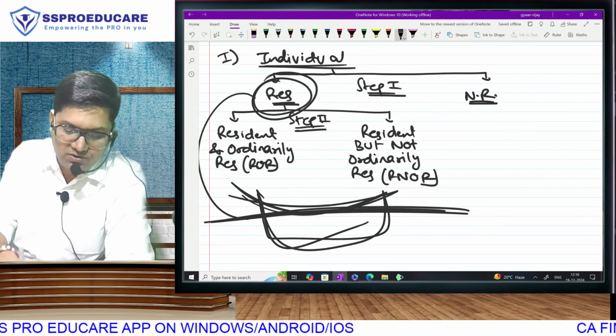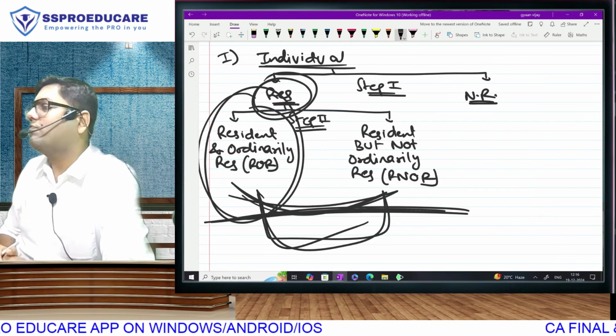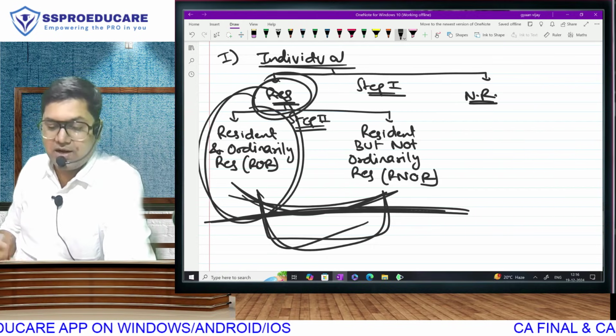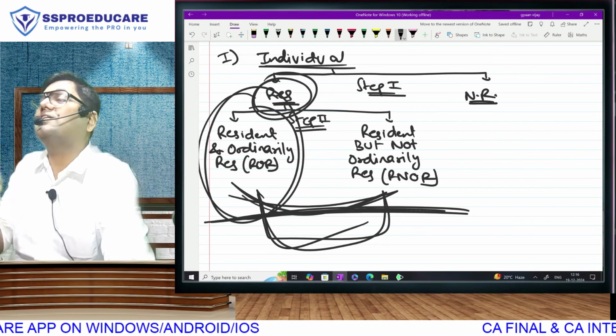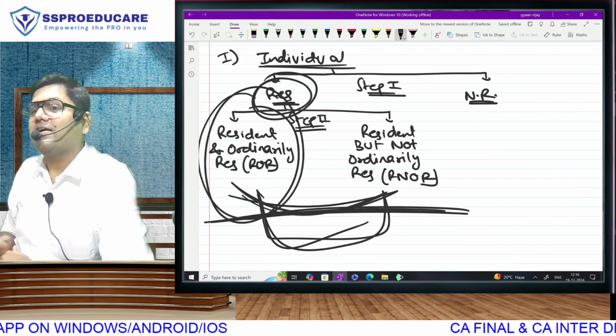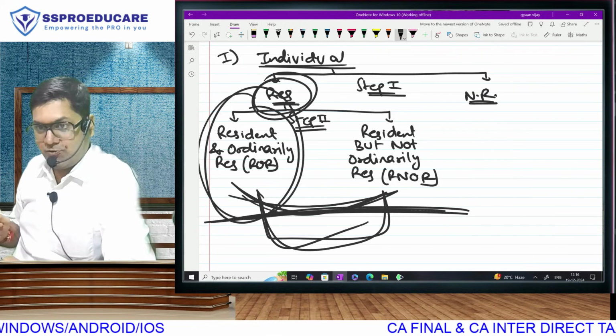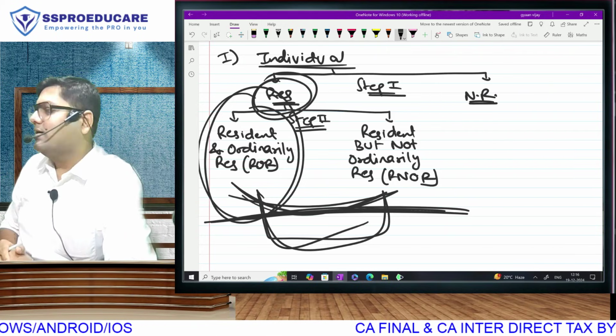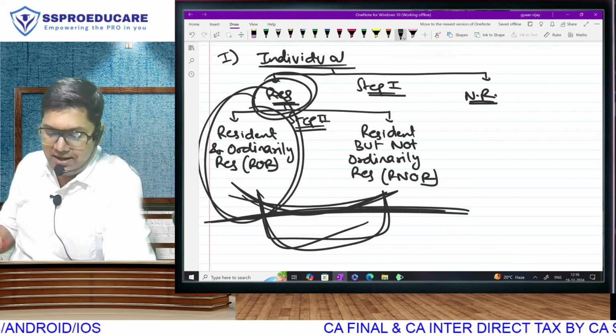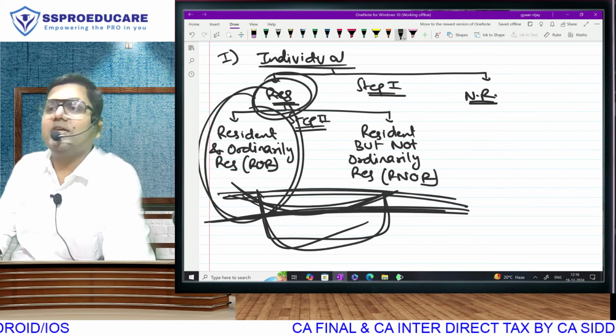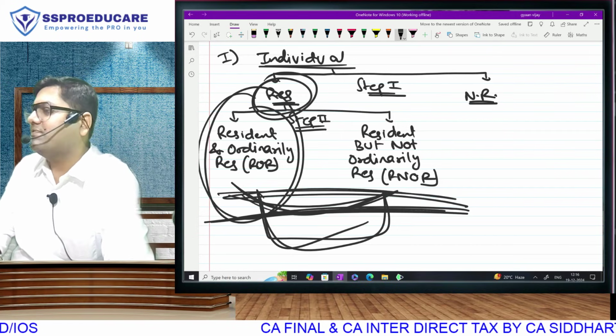That will be taxable only for ROR, not for RNOR. So for ROR, RNOR, we will classify foreign income into 2 categories: controlled from India and locally earned. If it is controlled from India, then both have to pay tax. And if it is locally earned, then only ROR will pay tax.